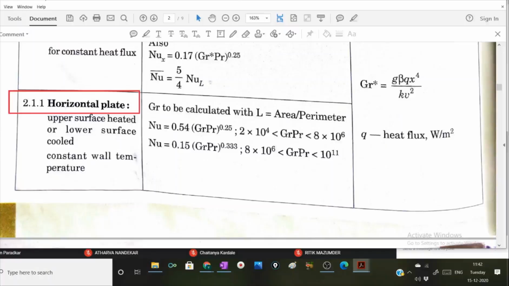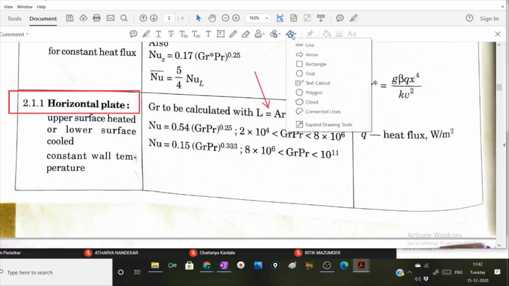Here, as you can see, one more piece of information is given to you. GR is to be calculated with L equal to area by perimeter.